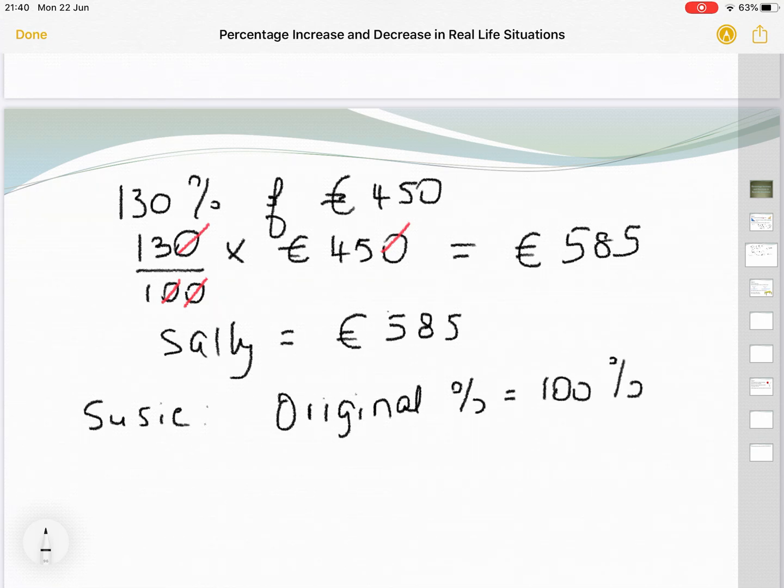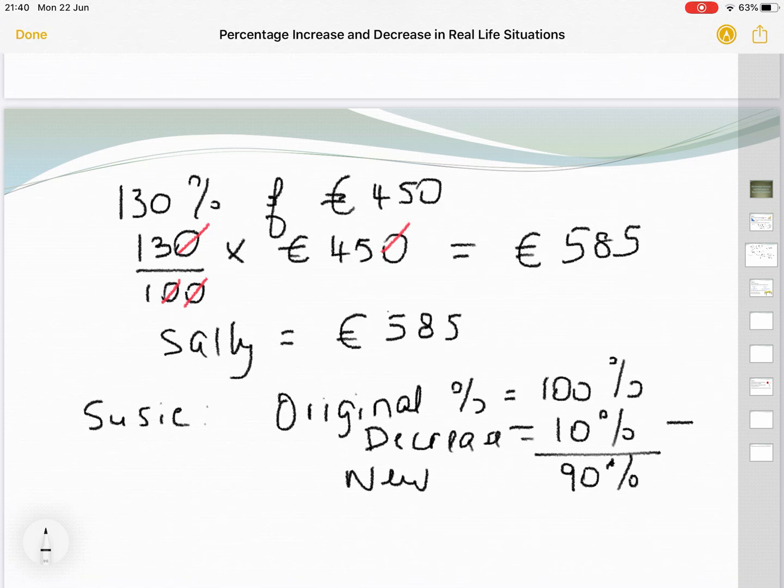The decrease is 10%, so we subtract. So the new percentage is equivalent to 90%, okay?